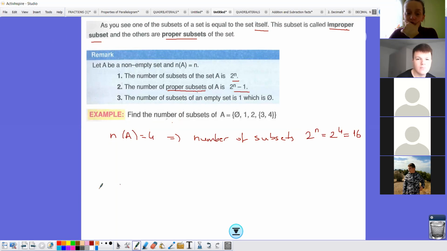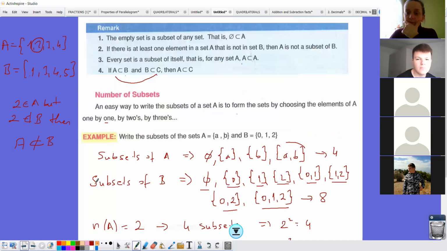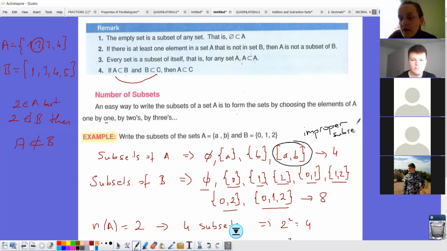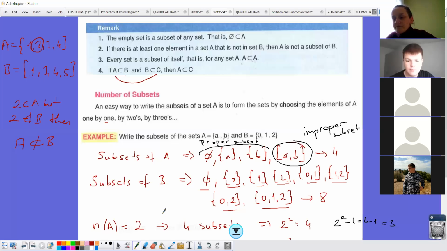For example, here, this one is an improper subset, and the others, these 3, are proper subsets. To find the number of proper subsets, we subtract this one, so you have 2 to the power of 2 minus 1, 4 minus 1, 3 proper subsets. Is it okay?